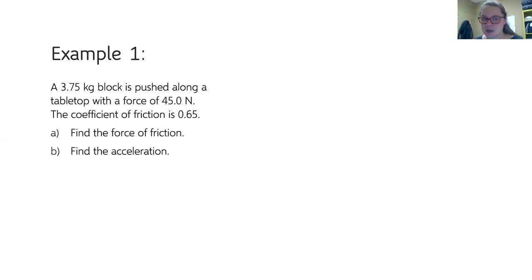So our first example says we have a 3.75 kg block pushed along a tabletop with a force of 45 newtons. The coefficient of friction is 0.65. That means 65% of the force between the table and the block is going to be converted into frictional force.